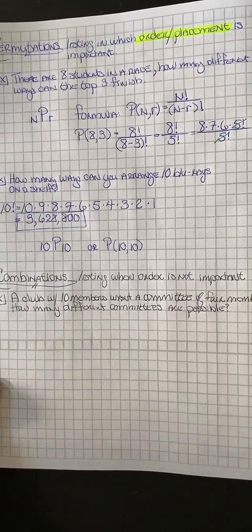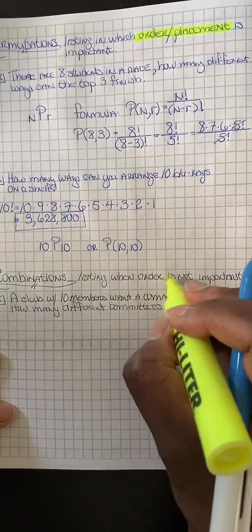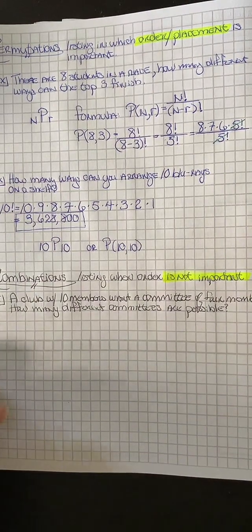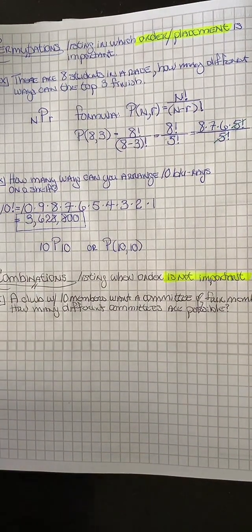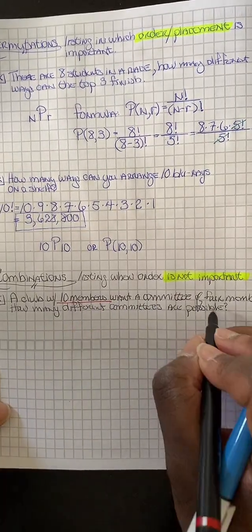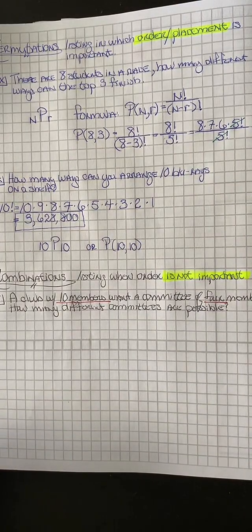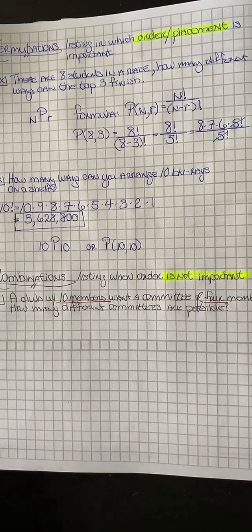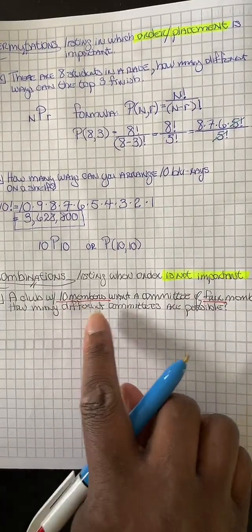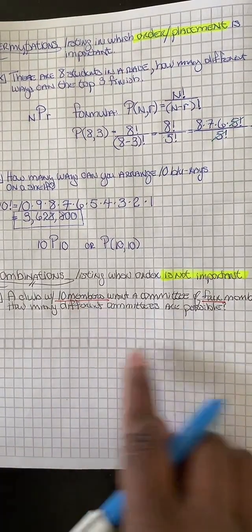Well, we have 10 members. Order is not important, and we want to highlight that. They want a 4-member committee. Even if you mix some of them up, it's not going to be 10, then 9, then 8, then 7, because you're looking at different combinations.